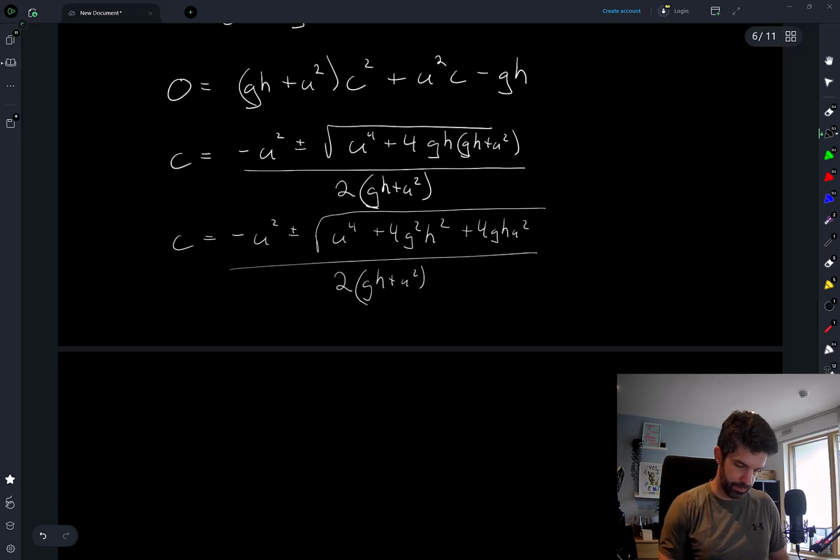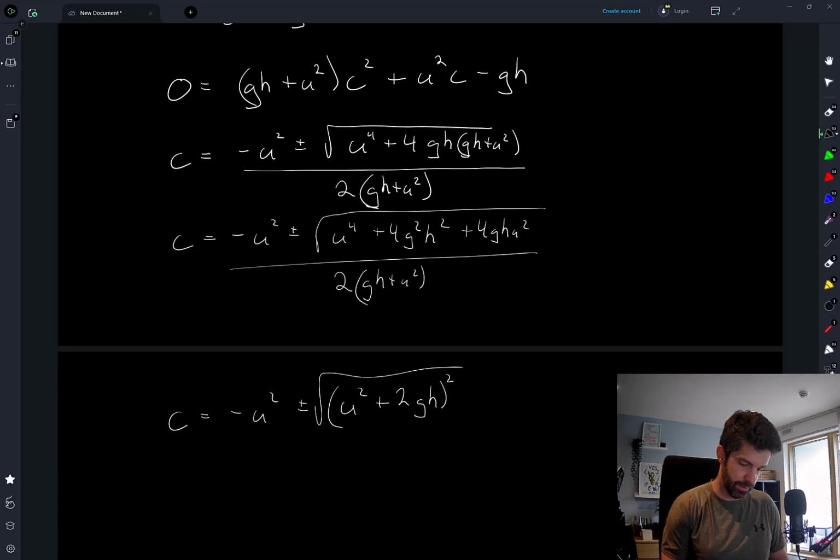And that's equal to u squared plus 2gh all squared under the square root.